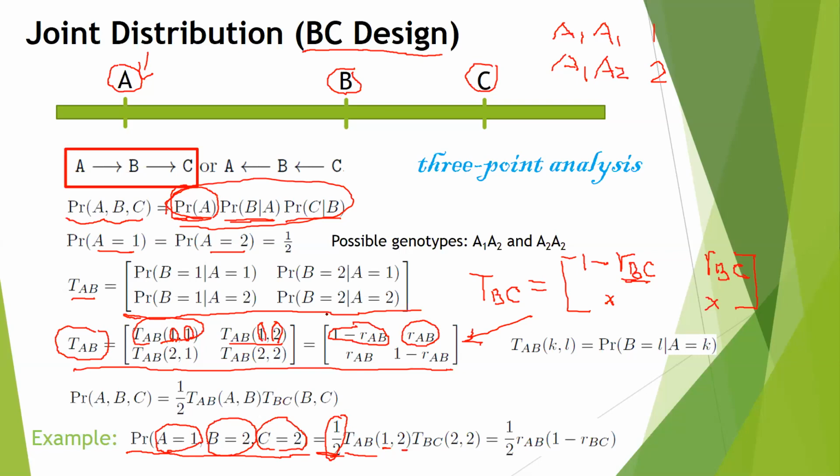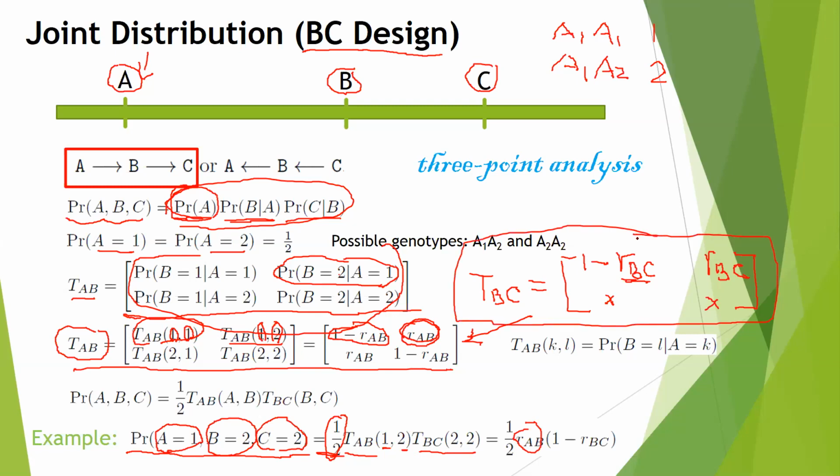So you look at this transition matrix and find the right entry, the probability of A taking genotype 1 but B taking genotype 2. You use this number, this one here. And for this one, from this matrix, which element do we need to select? Can anyone tell me?